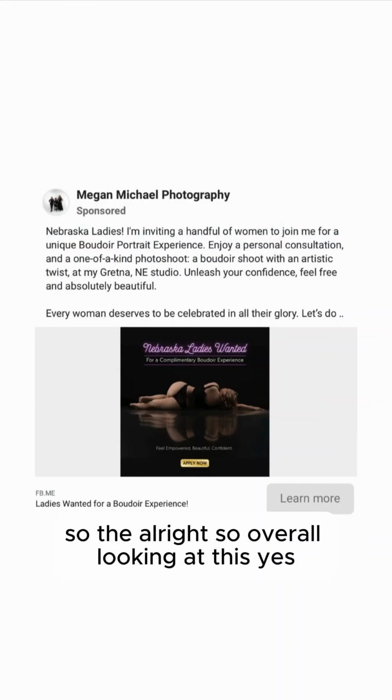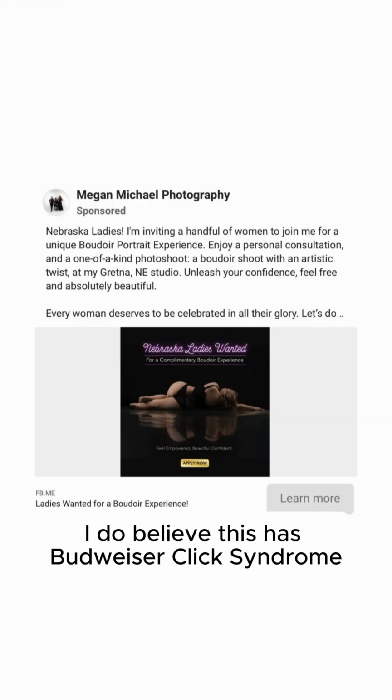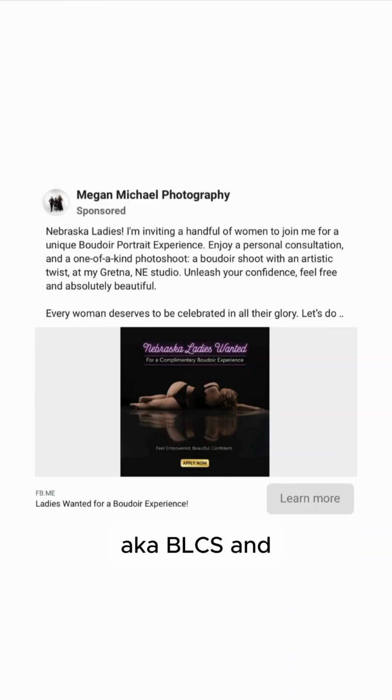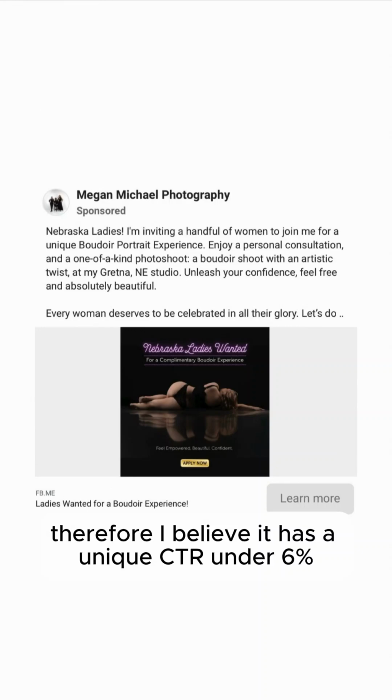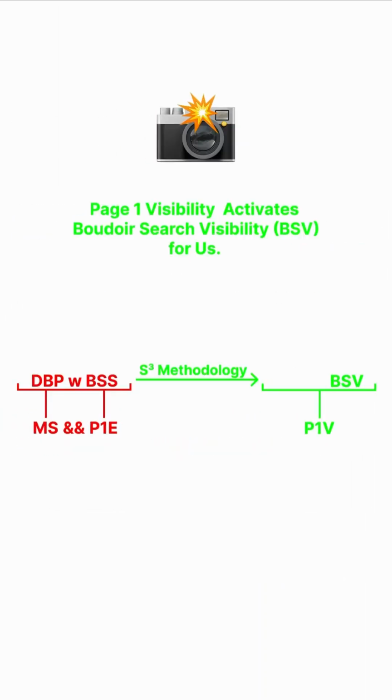All right, so overall looking at this, yes, I do believe this has Boudoir Low Click Syndrome, aka BLCS, and therefore I believe it has a unique CTR under 6%.